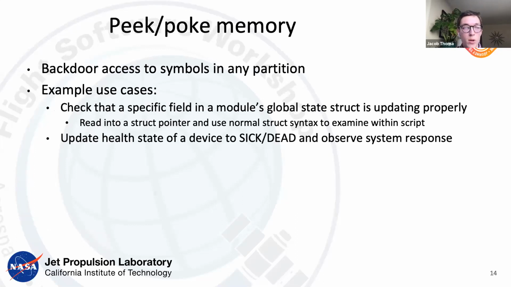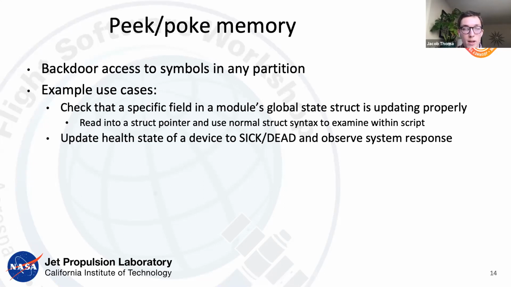And then peeking and poking memory is another big one. And so this gives us the backdoor symbol access in any partition. So an example you could use this for in an integrated test at least is checking that a specific field in a module's global state struct is updating properly, maybe after you injected a ground command or something like that.